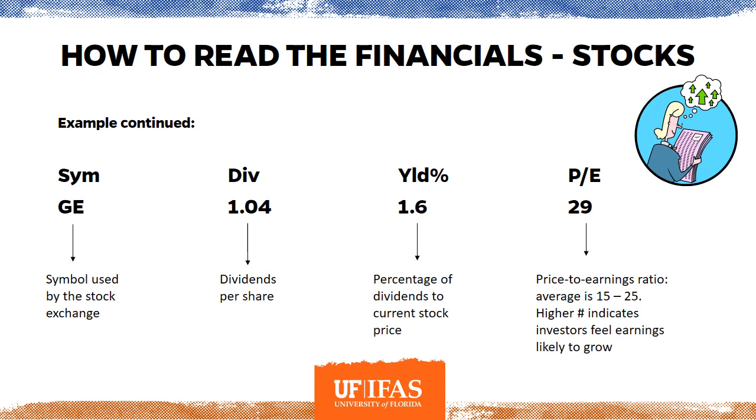That's based on their interpretation of decisions that the board has made, the amount of debt this company carries. They put all that information into their own formulas and come up with a price to earnings ratio that gives us an idea how much we should expect to make, or how likely this stock is to earn money in the future.